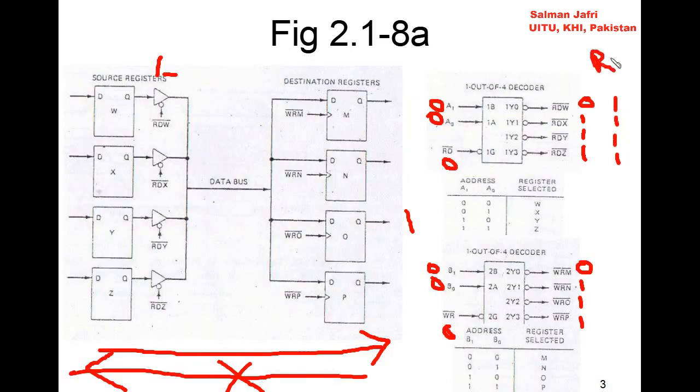Similarly, if WR bar is 1, again all the outputs of the decoder would be all ones. So if RD bar is 1, it means no source register is going to be read. Similarly, if WR bar is 1, no destination register would be written. So this is an important point, in fact.